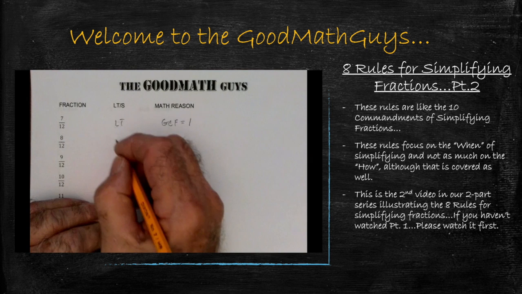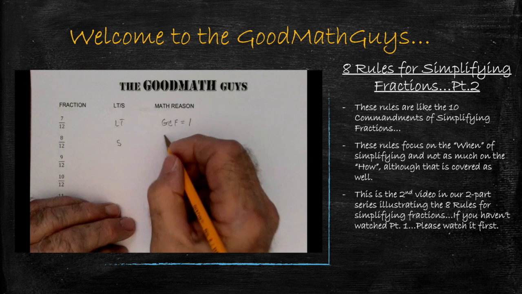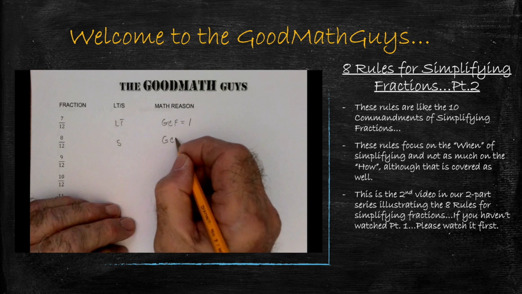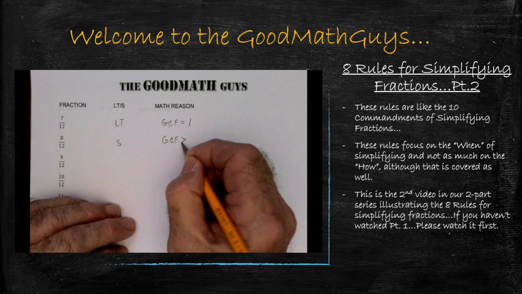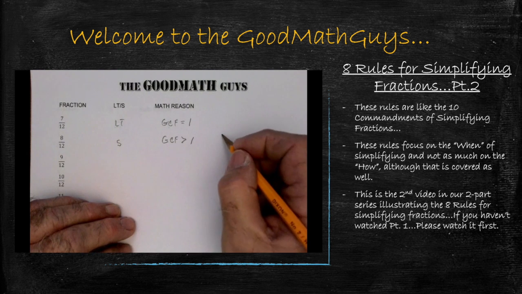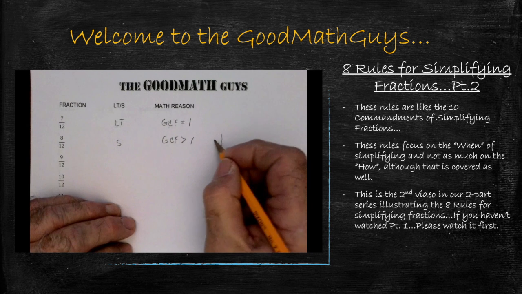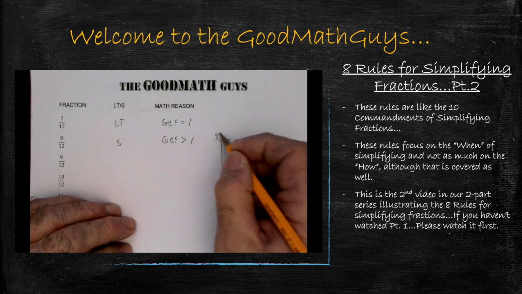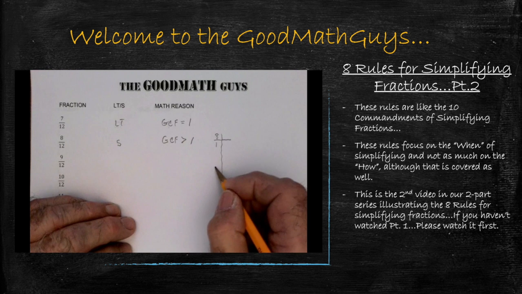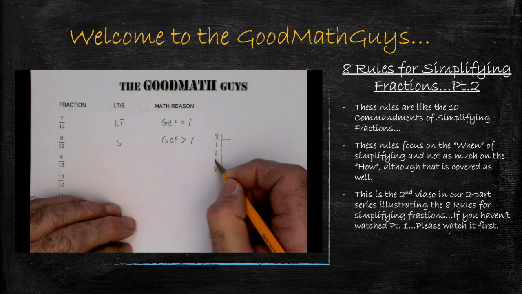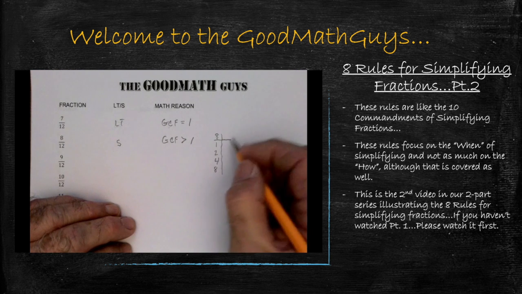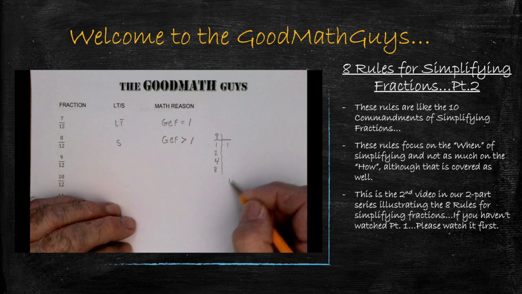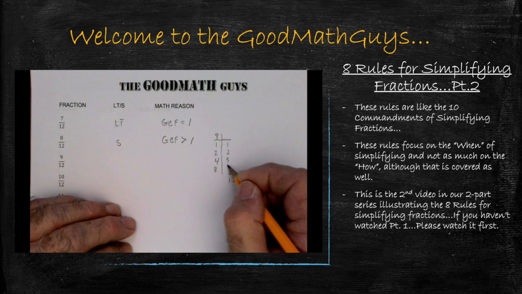8/12, simplify. GCF is greater than 1. So if we go over here and we factor, 8 factors to 1, 8, 2, 4, and again 12 factors to 1, 12, 2, 6, 3, and 4.